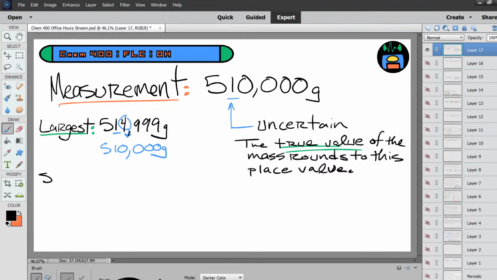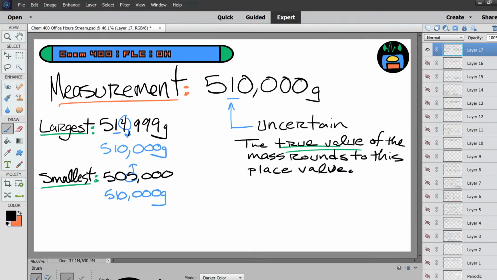And the smallest possible value that the true value could have would be 505,000, because that 5 rounds up to 510,000.